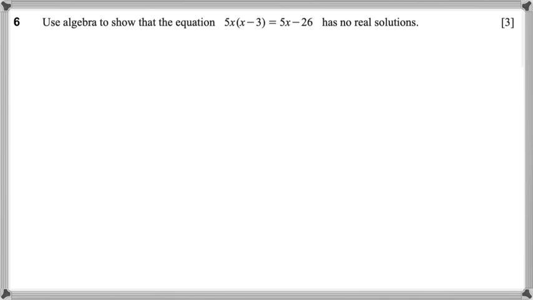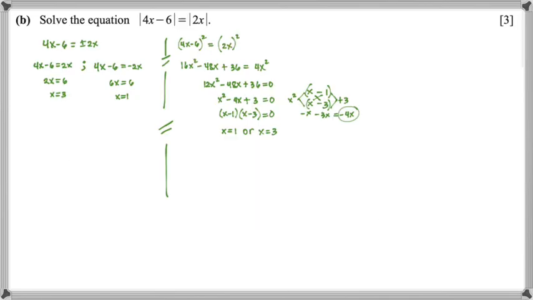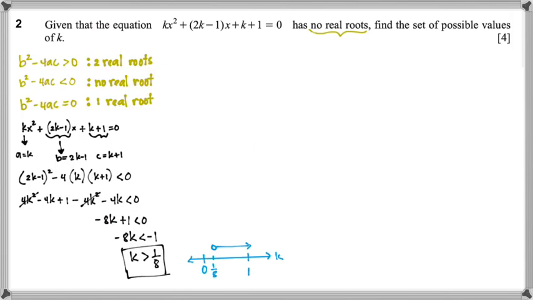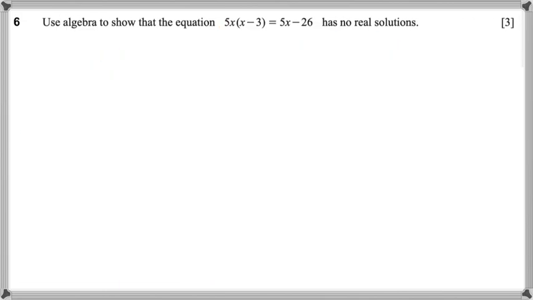So going back to what we had in the previous question, we'll apply what we learned here: b squared minus 4ac less than 0 means no real roots. So we'll apply it here. We have 5x multiplied by x minus 3 is equal to 5x minus 26.